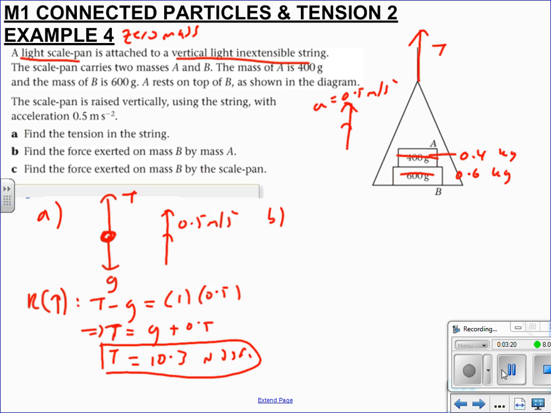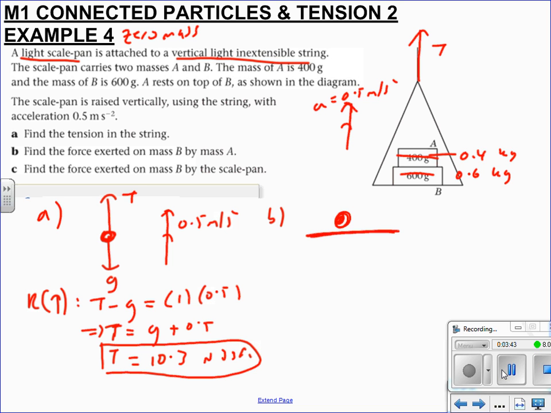Part B. Find the force exerted on mass B by mass A. This is something people do get in a bit of a tizz about. But if we think about it logically, the force exerted on mass B by mass A: if we treat B like the table, that's essentially what's happening.